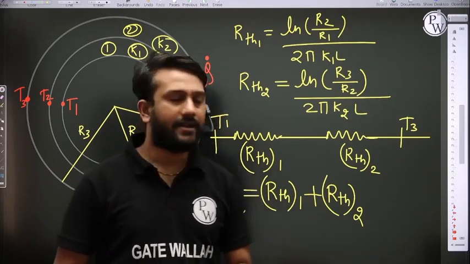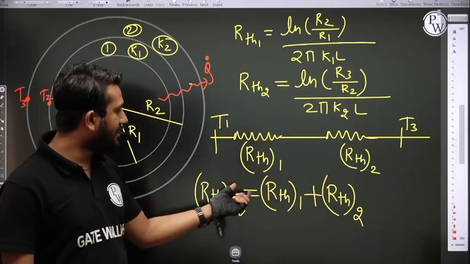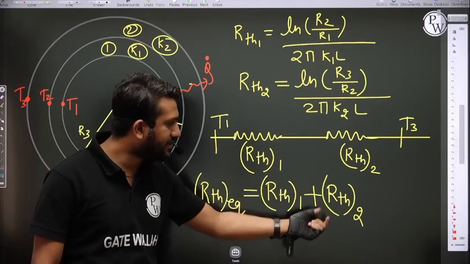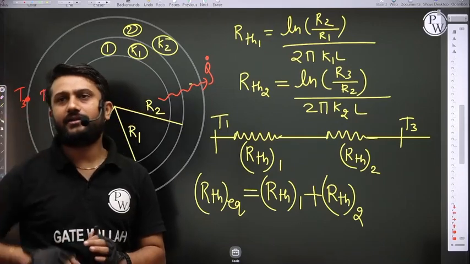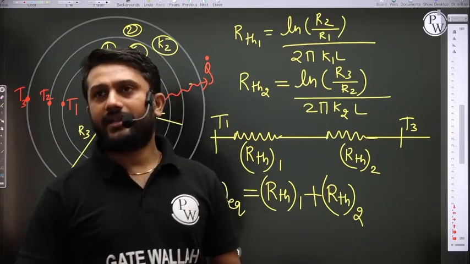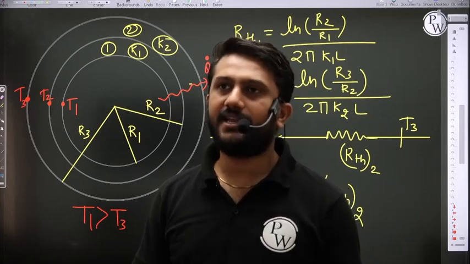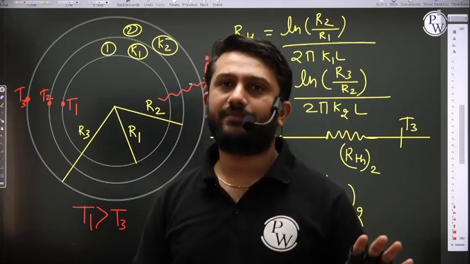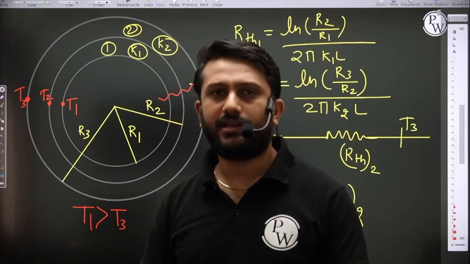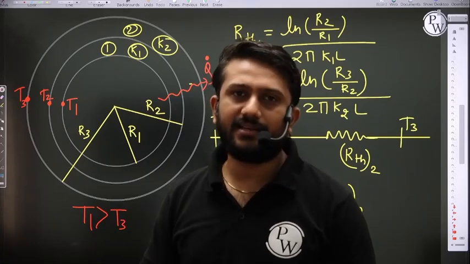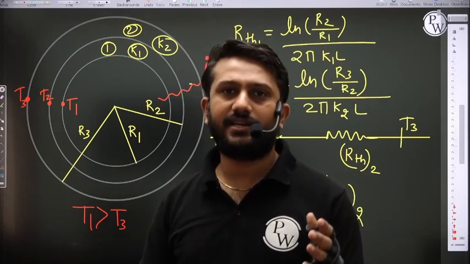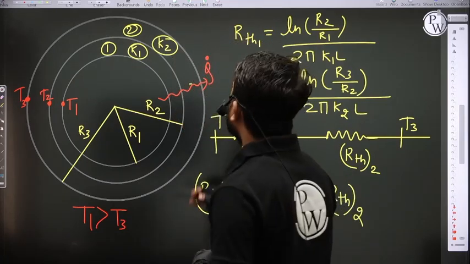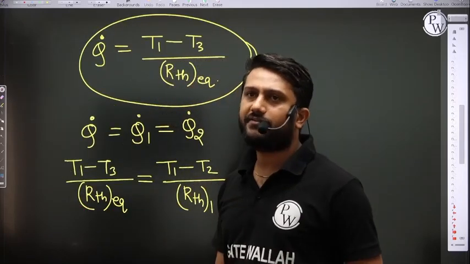RTH equivalent is equal to RTH of hot fluid plus RTH1 plus RTH2 plus RTH of the ambient air side. The equivalent thermal resistance concept and series connection concept are clear, so there is no need to worry about how to calculate the rate of heat transfer. You just draw the thermal circuit, write the equivalent thermal resistance, and by using these concepts you can find the rate of conduction heat transfer easily.